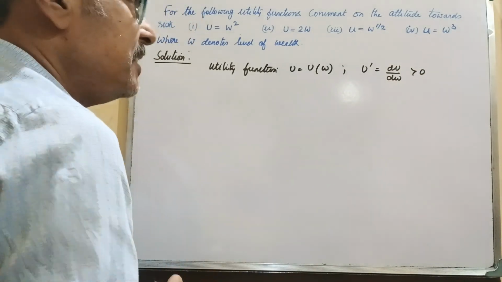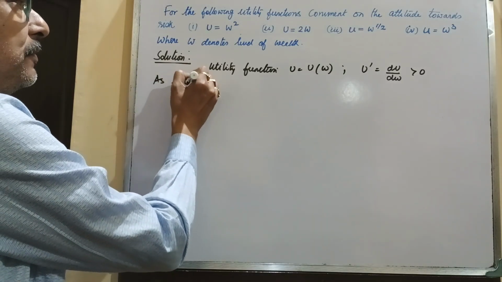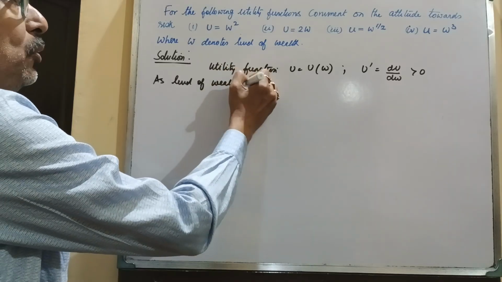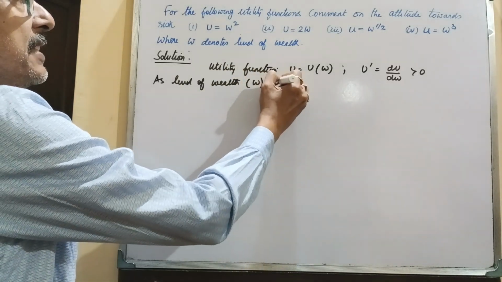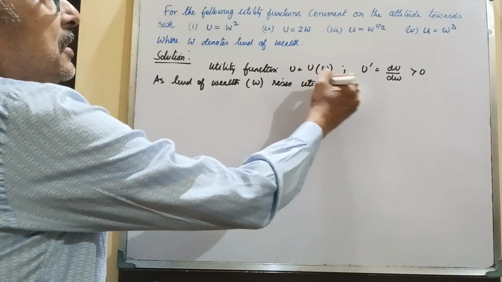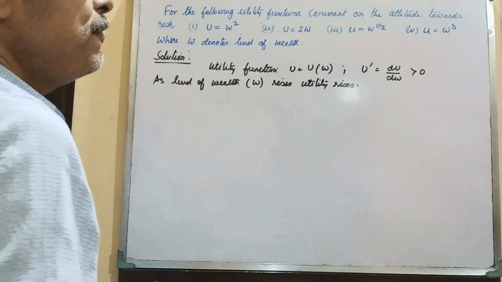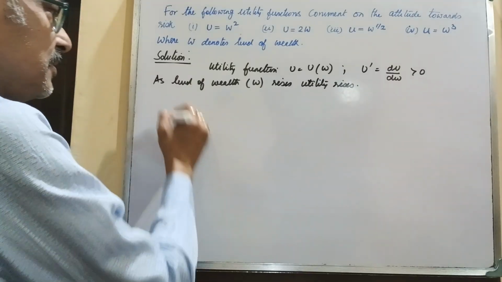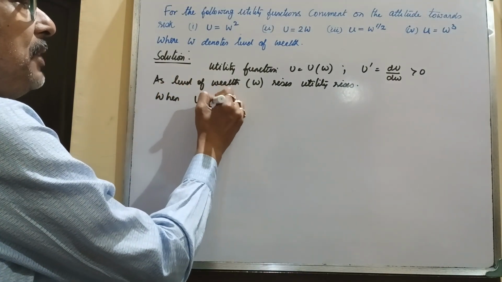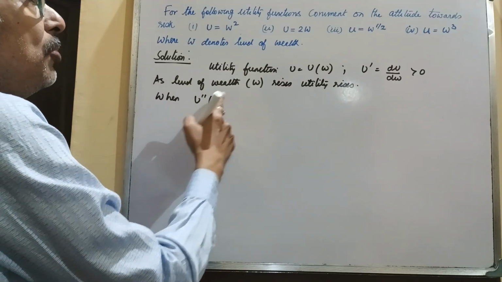That is, as w, the level of wealth, rises, utility rises.